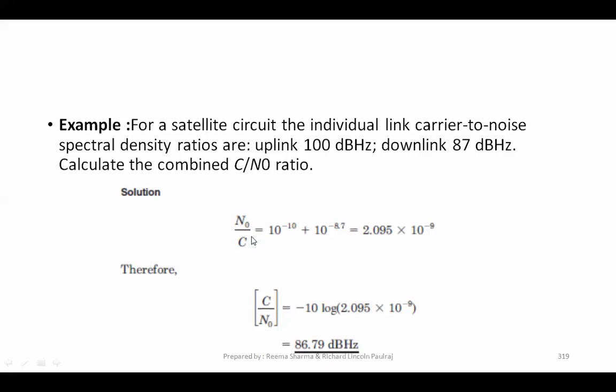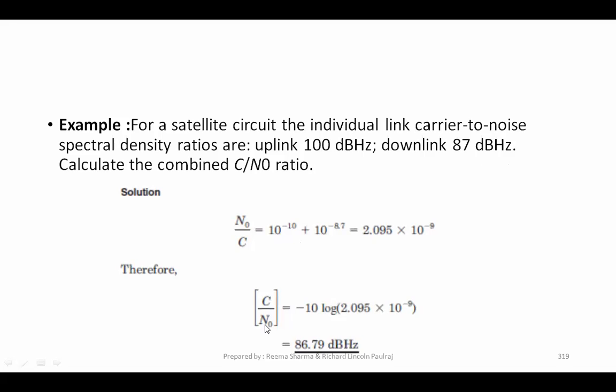So we get back to the formula N naught by C, which is equal to, keep in mind, we are converting them because it's in dB hertz. As I told you, we divide by 10 and take it to the power of 10. So 10 raised to minus 10 plus 10 raised to minus 8.7. Once we do this, we get it in the form of dB.